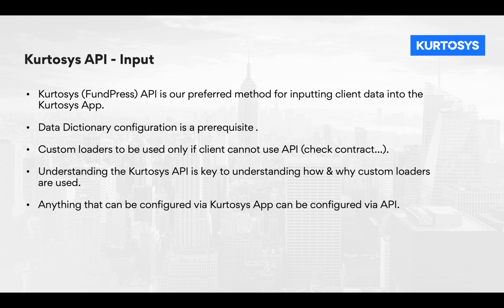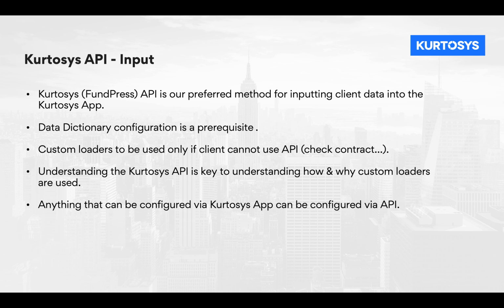Understanding the Kurtosis API is key to understanding how and why custom loaders are used. The API requires the data to be within a specific JSON format. If the customer cannot provide us the data in terms of how the API wants it to be in, we then need to build custom loaders.